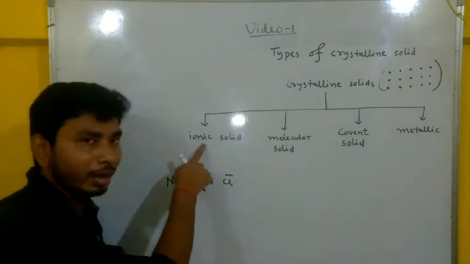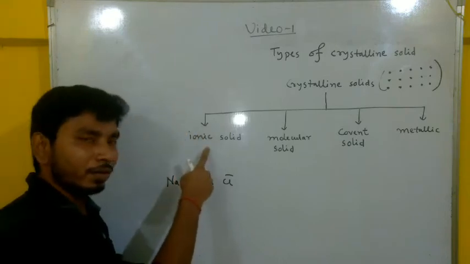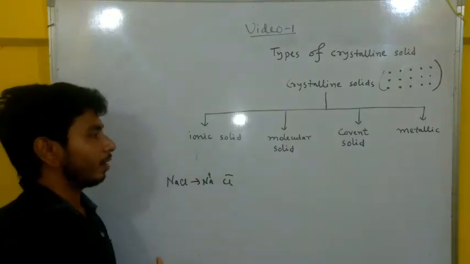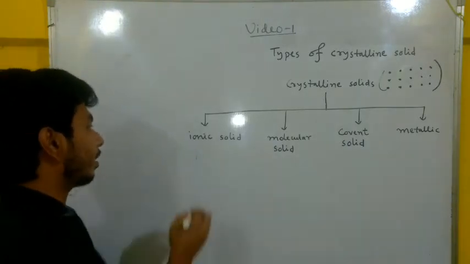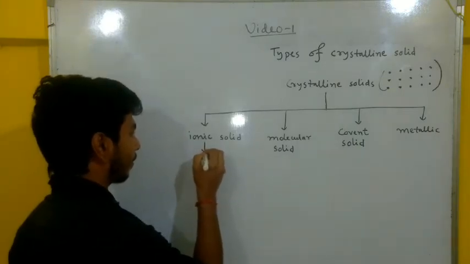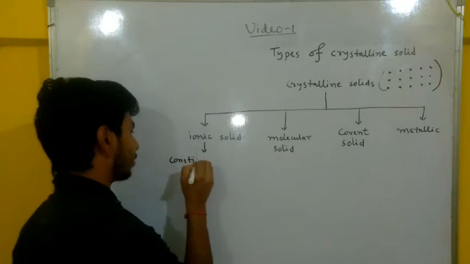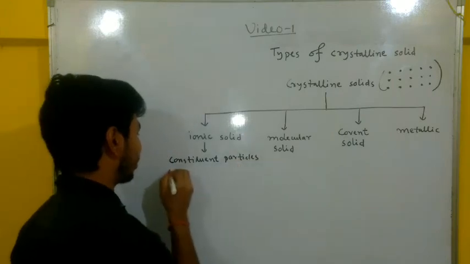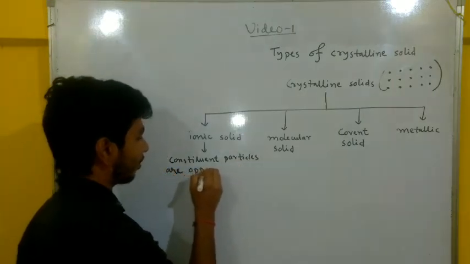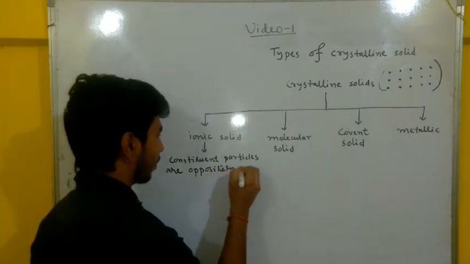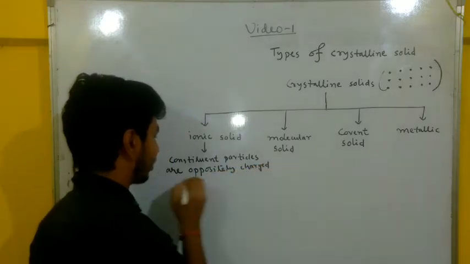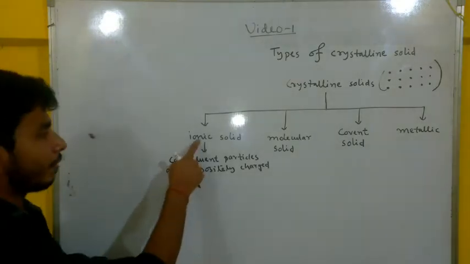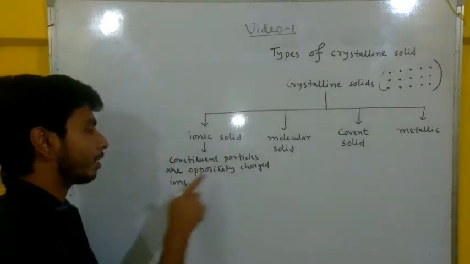So in ionic solid, constituent particles are oppositely charged ions.